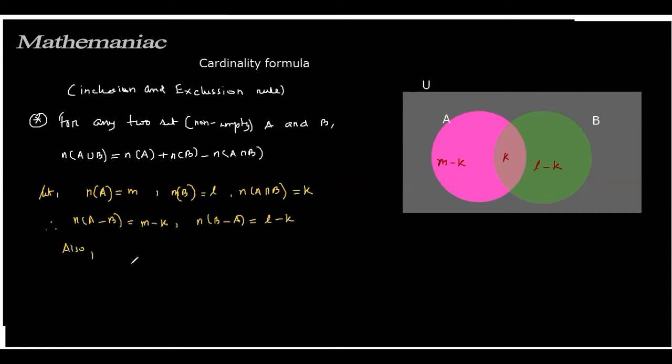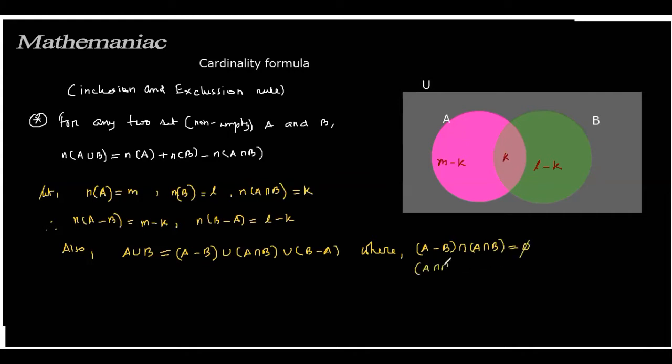Also, if I am talking about A union B, you can observe one more thing very clearly: it is the union of these three sets. One more thing to observe is that A minus B has nothing in common with A intersection B. That means their intersection is phi.